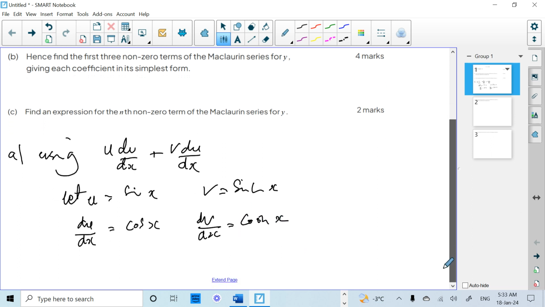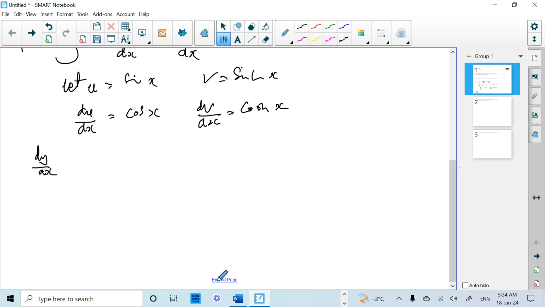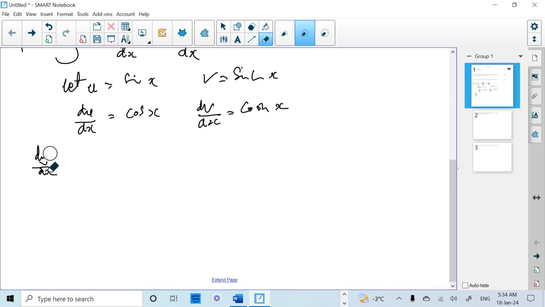So now substituting back into our product rule formula, we have dy/dx, let's just extend the page.